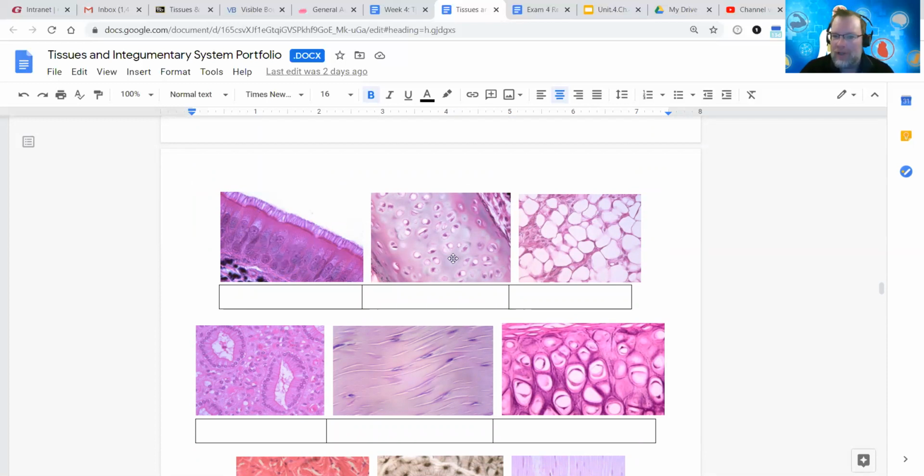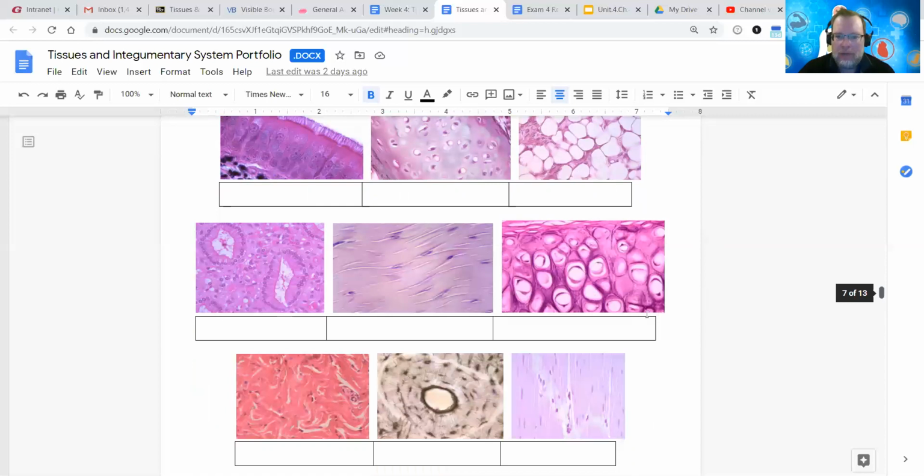When we have a glassy, opalescent appearance, that's likely hyaline cartilage. This looks like fat, like adipose cells. And this looks like it might be elastic cartilage.